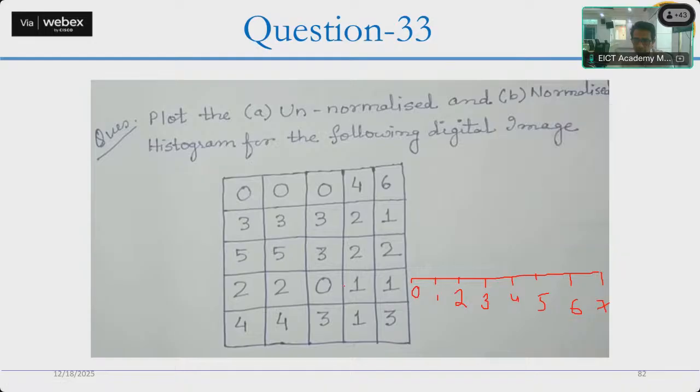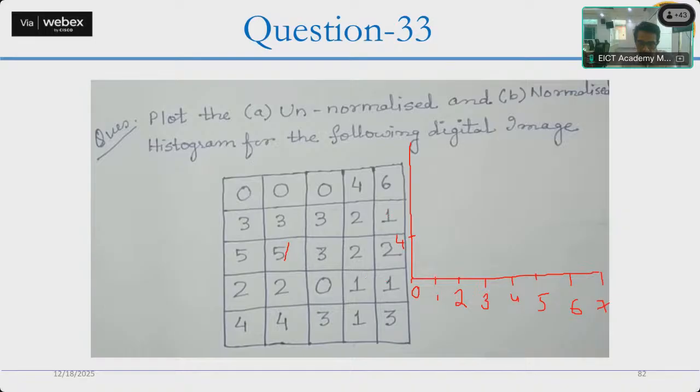What will be on your y-axis? It is the count of how many times each value has come. 0 is coming 4 times. What about the value 1? It is 1, 2, 3, 4.